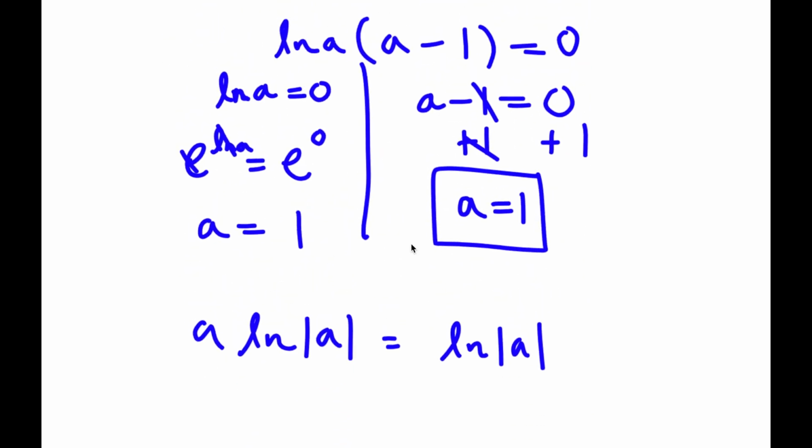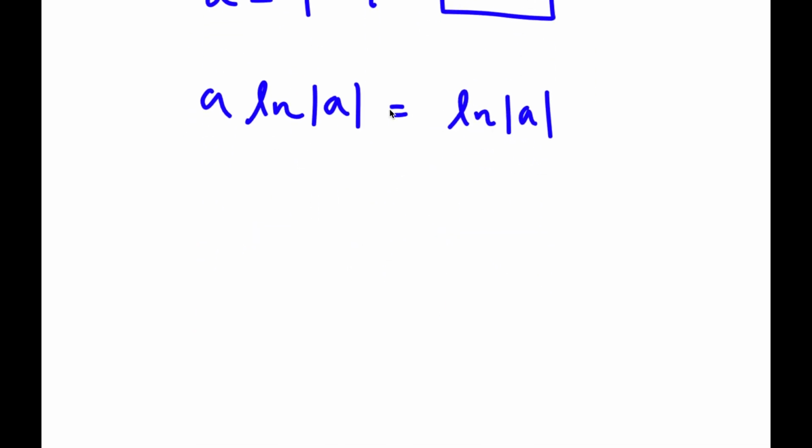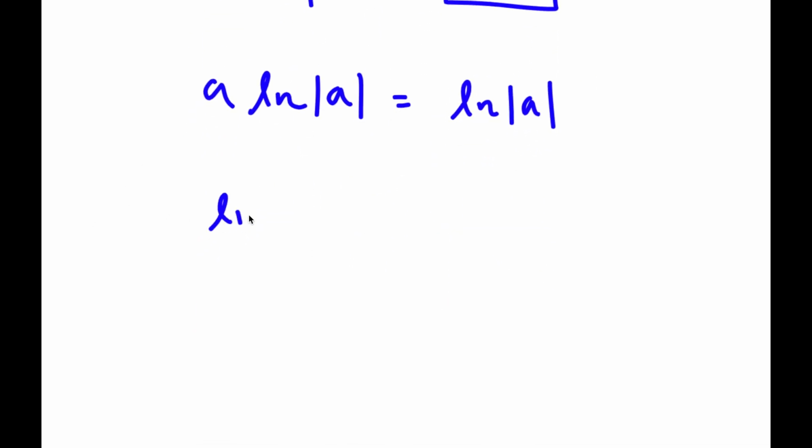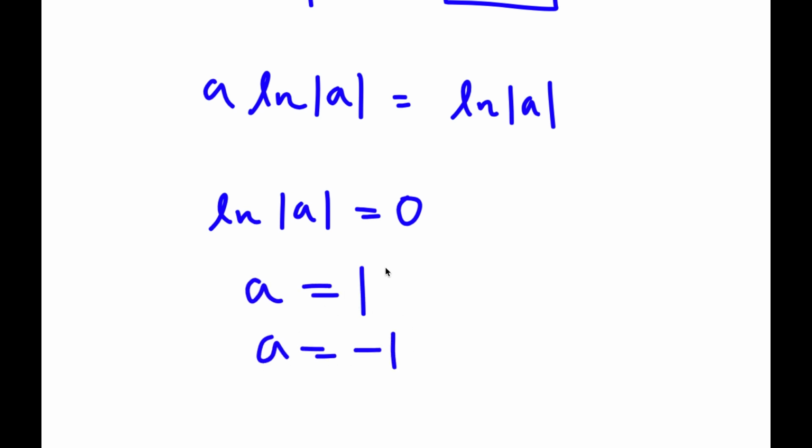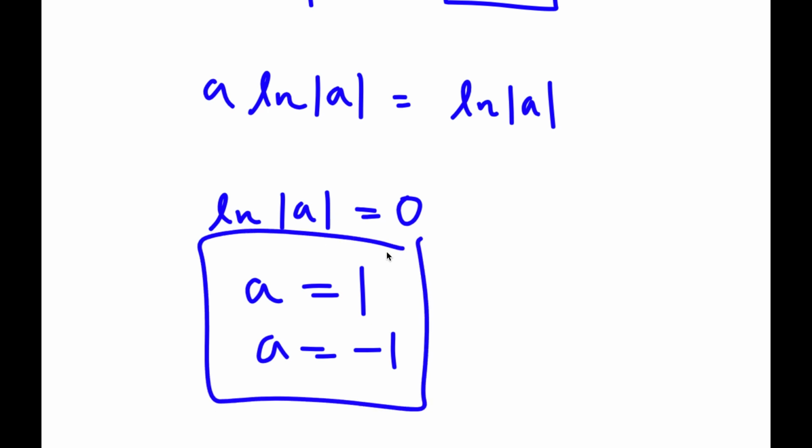So now when it comes over here, I'm not going to have ln of a normally, I'm going to have ln of the absolute value of a is equal to 0. And this means that a is going to equal 1 as well as negative 1. So these are my two solutions.